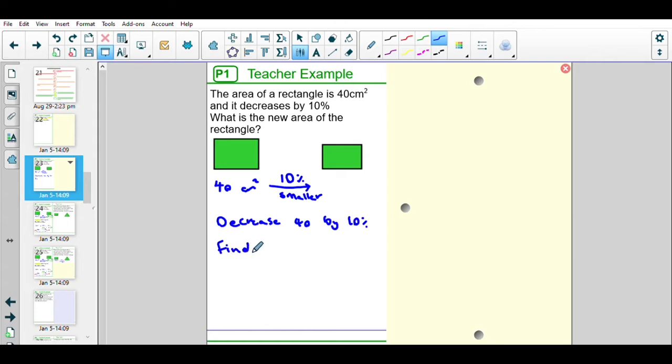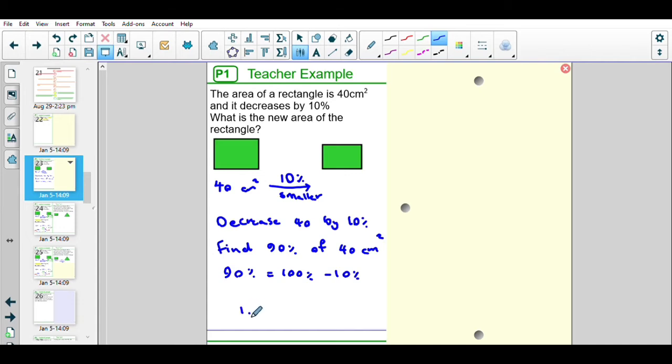I'm going to do the same approach as we've done before, finding 90% of 40 centimeters squared. To find 90%, I need to subtract 10% from my original amount.